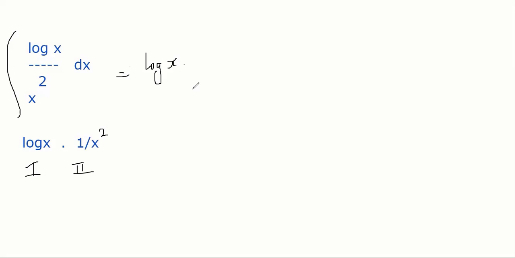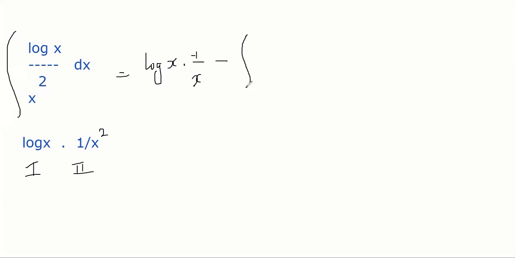Integration of 1 by x square we know. X to the power minus 2, so minus 2 plus 1 is minus 1. So the integral of 1 by x square is minus 1 by x.